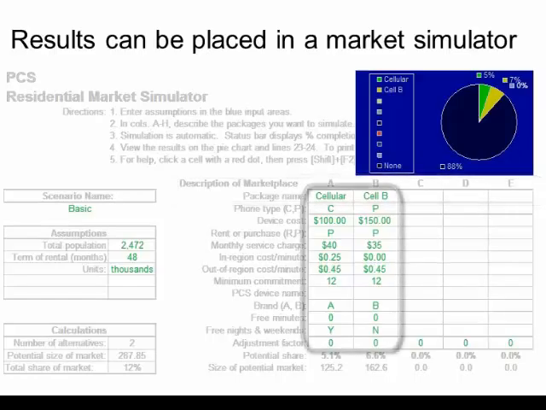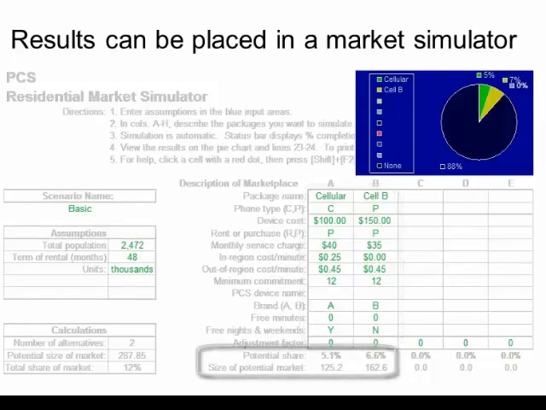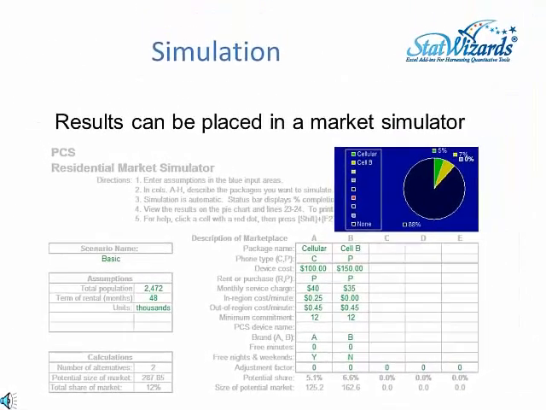In the green areas, the user can specify products in detail, including pricing, rent versus purchase in this case, brand, promotion, features, and other attributes that happen to be associated with the product. The simulator then calculates purchase probabilities and therefore potential market share for each product. By changing assumptions for price or features, the user immediately sees the impact on potential market size.